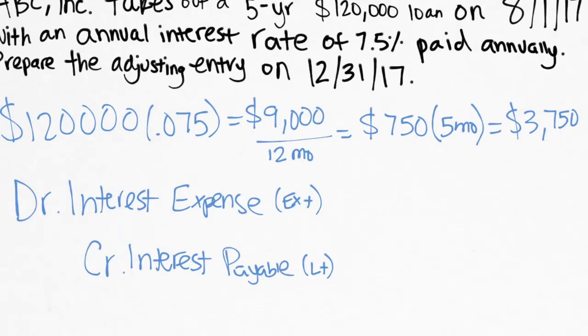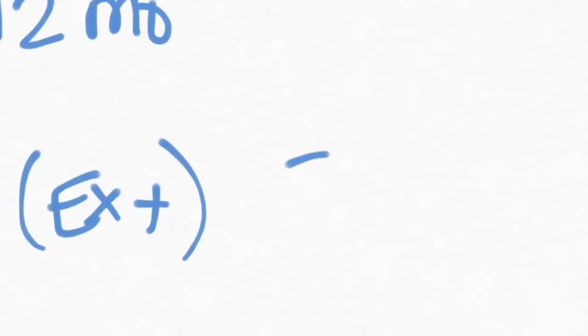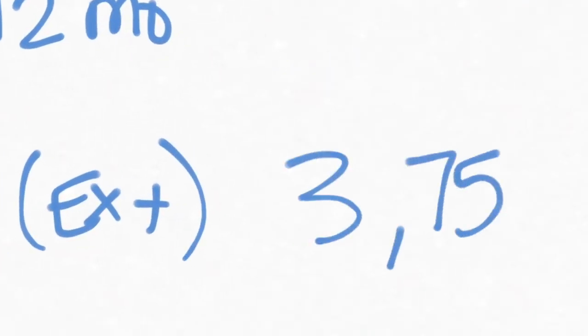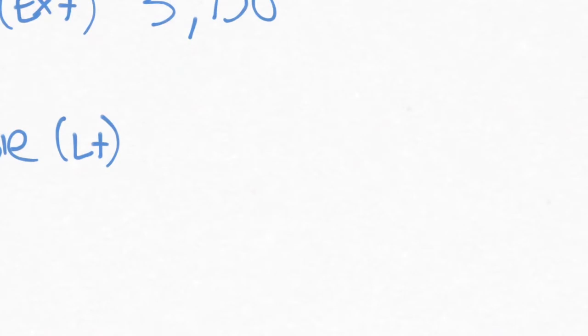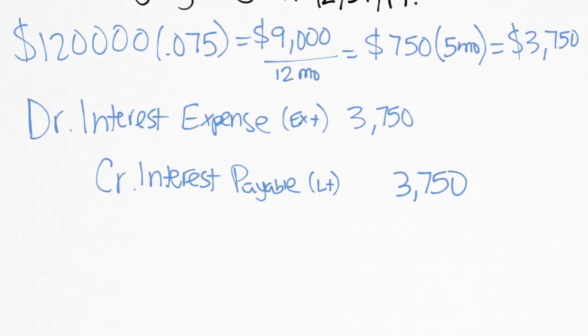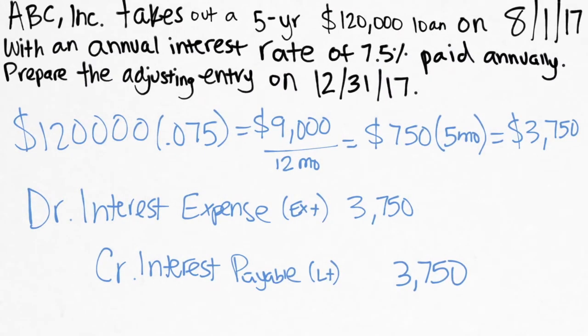How much? It is the 3,750 that we found that we accumulated for interest after 5 months. And that is your answer. It wasn't that hard, right?